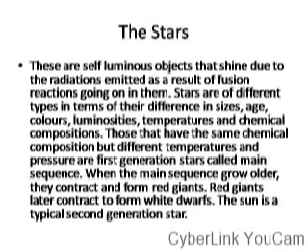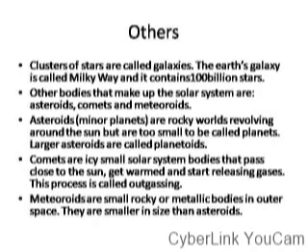They are also called the main sequence. When the main sequence stars grow older, they contract and form red giants. Red giants will contract again to form white dwarfs. For your information, the sun is a typical second generation star.